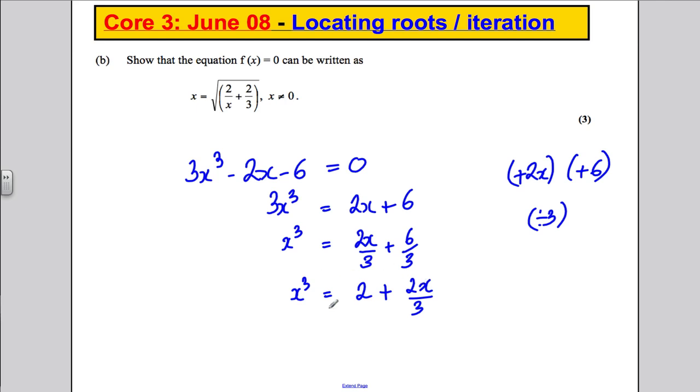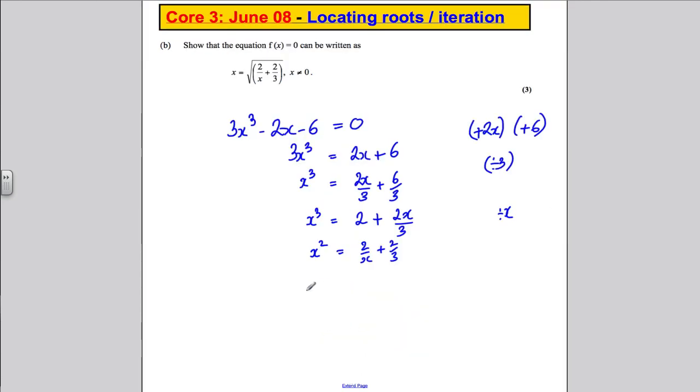Then what I could do is divide everything through by x. So I get x squared is equal to 2 over x plus 2 over 3, because 2x over 3 divided by x just gives me 2 over 3. And lastly, take square roots and just take the positive square root, so that would be the square root of 2 over x plus 2 over 3, and you're done.